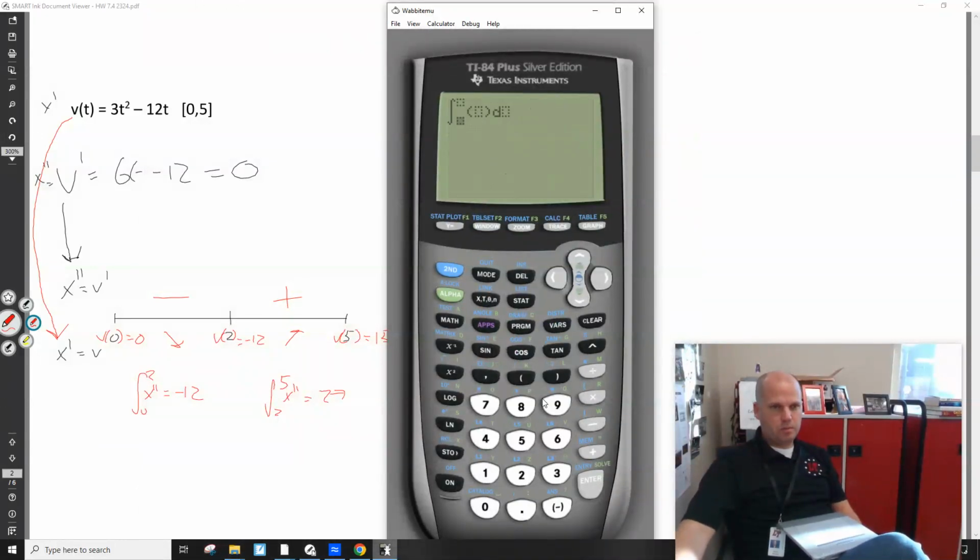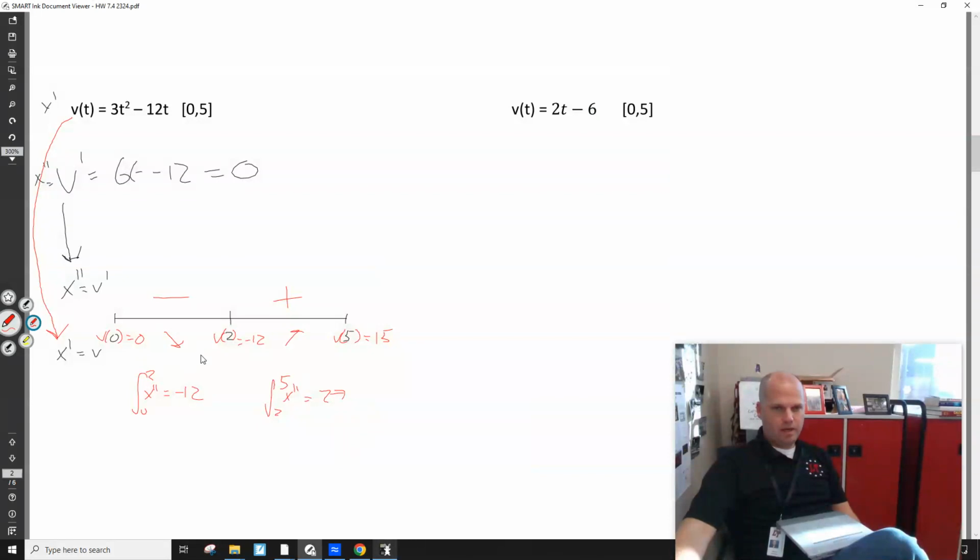If I accumulate from 2 to 5, my second derivative 6t minus 12, I should get 27. Ba-bow. Okay, now I found that value by finding the change in my velocities. So I know how much we're going up or going down.